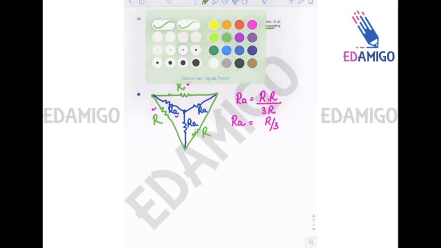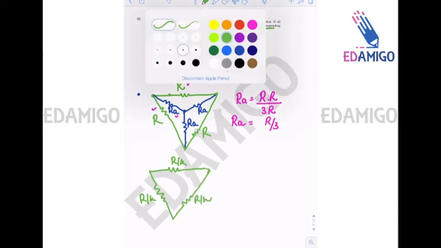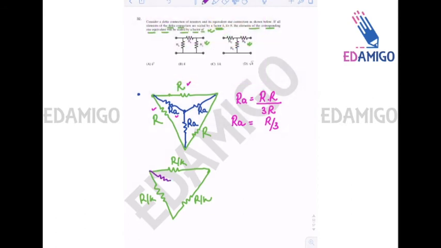Now let us scale the resistances of the delta network. So let us say the star has resistances RB, RB and RB because they will be of the same value.